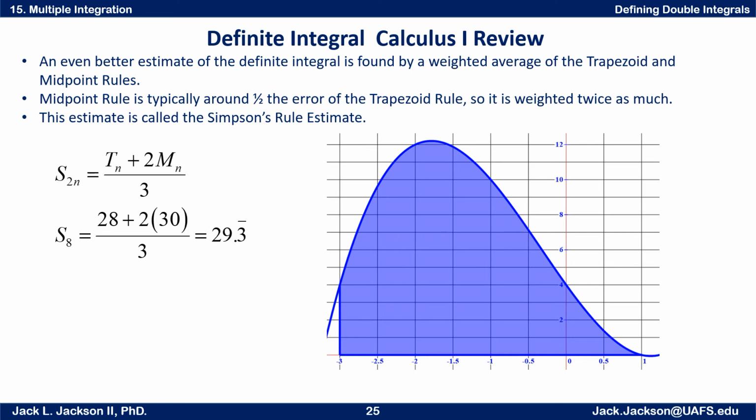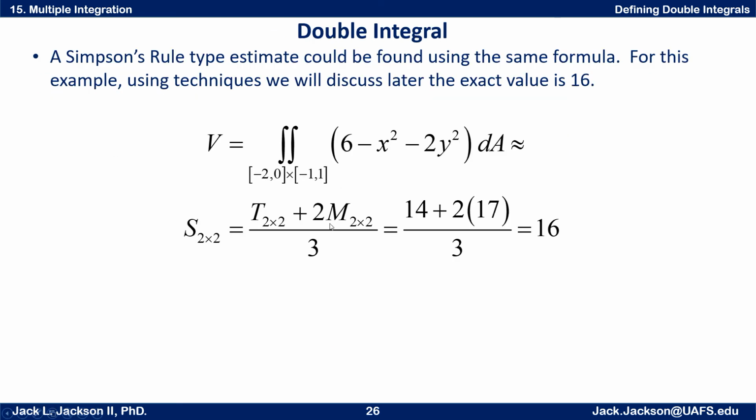We could do something analogous to that in the case over here. We have a trapezoid and midpoint rule, or something similar to the trapezoid and midpoint rules. And so this would give us a Simpson's rule over a 2x2, 2 divisions each way. This is using my way of dividing this up.